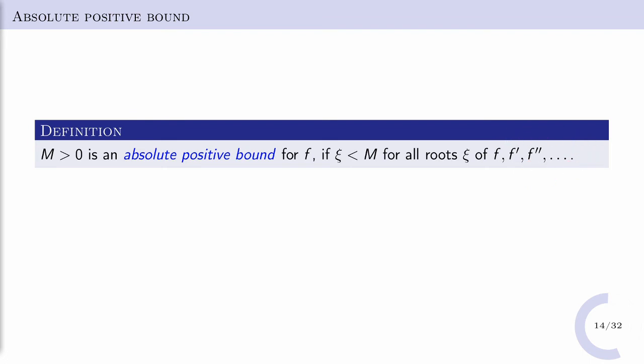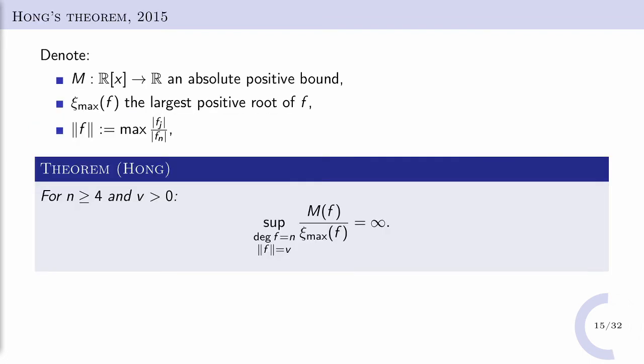And the theorem by Hong, which was published 5 years ago, in 2015, says that for every formula, for every method of generating a bound for roots of polynomials, we will always find a polynomial with fixed degree and fixed norm, such that for just this polynomial, this bound fails absolutely.